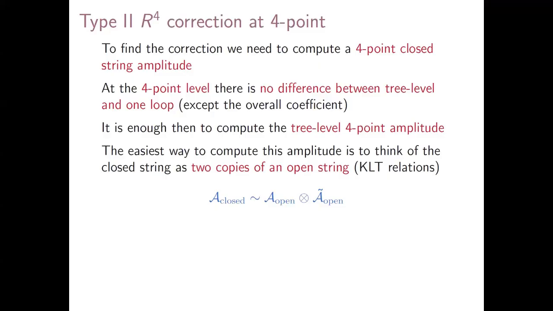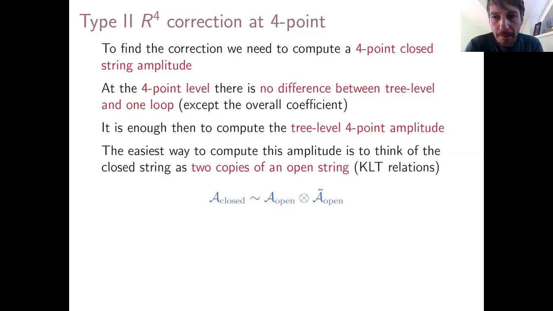You mean the amplitudes are the same, but terms beyond that could be different? The 4-point amplitudes are the same, but beyond the 4-point, they can be different. Beyond 4-point, it will be much more complicated, but I will only talk about the 4-point level here.